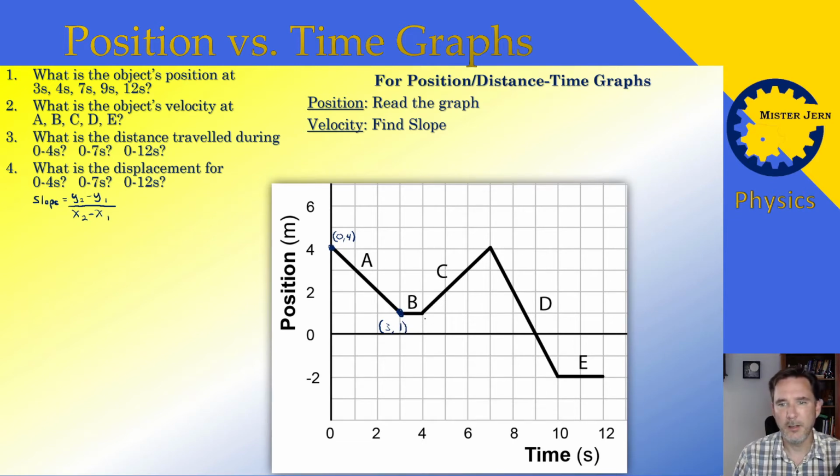And we know we're going to have to do all these later, so we might as well just prepare ahead of time. So this is 4, 1. And this is 7, 4.